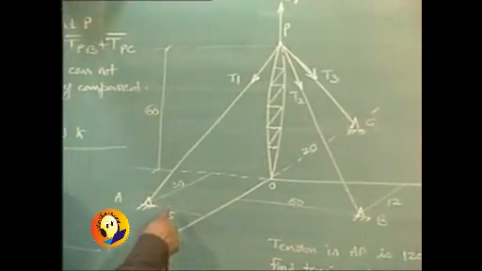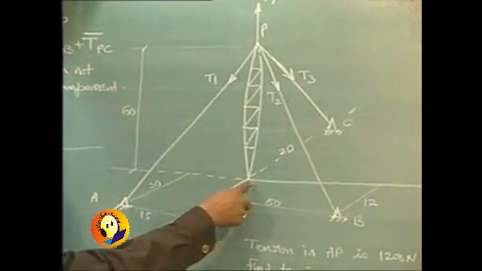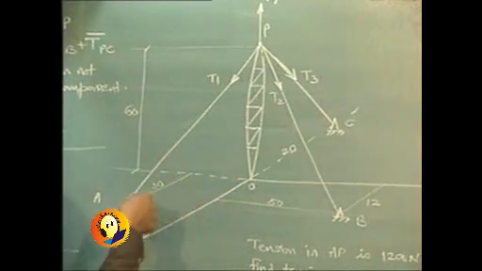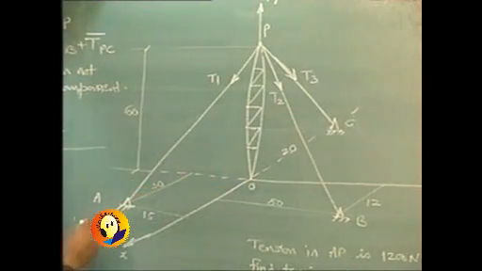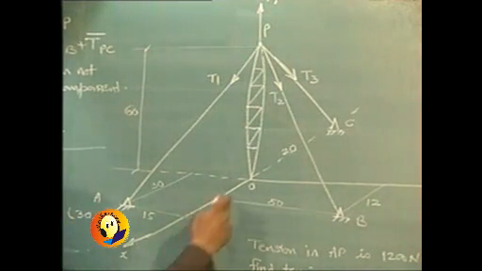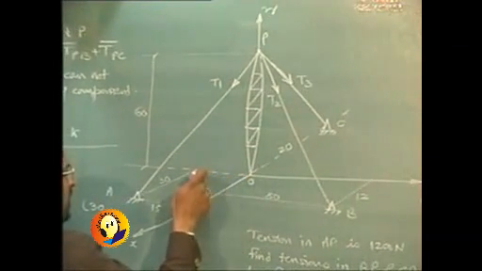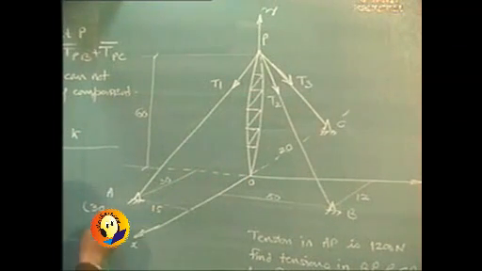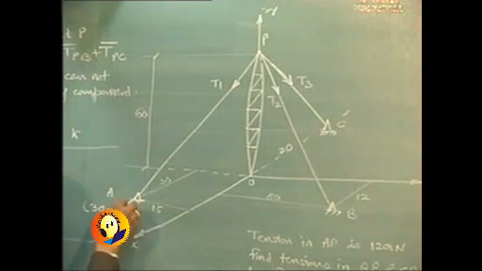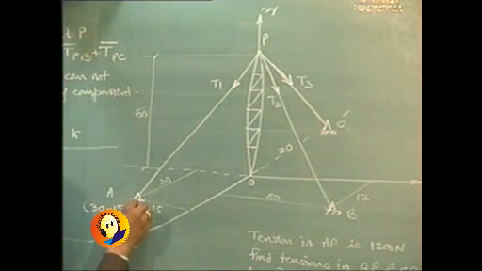So coordinate of point A. Now along X axis you will have to measure the distance parallel to X axis. X coordinate of point A will be 30. This is positive Y direction. We have distance 15, but it is measured from O in the opposite direction. So Y coordinate of A will be minus 15, and being in XOY plane, Z is 0.